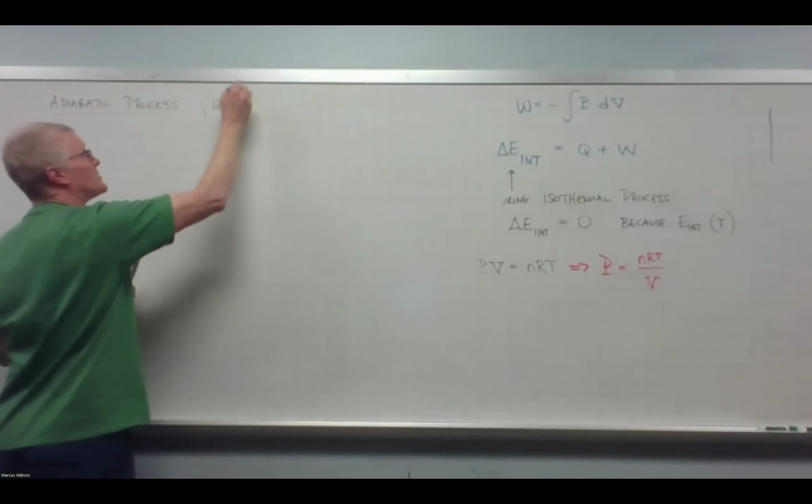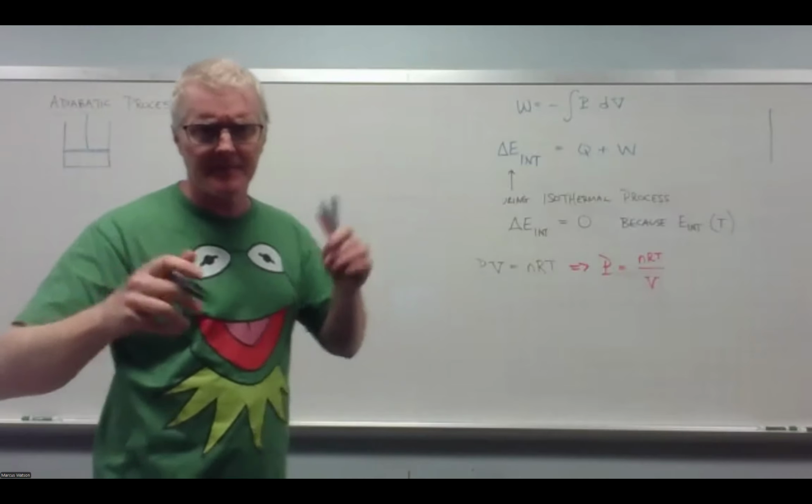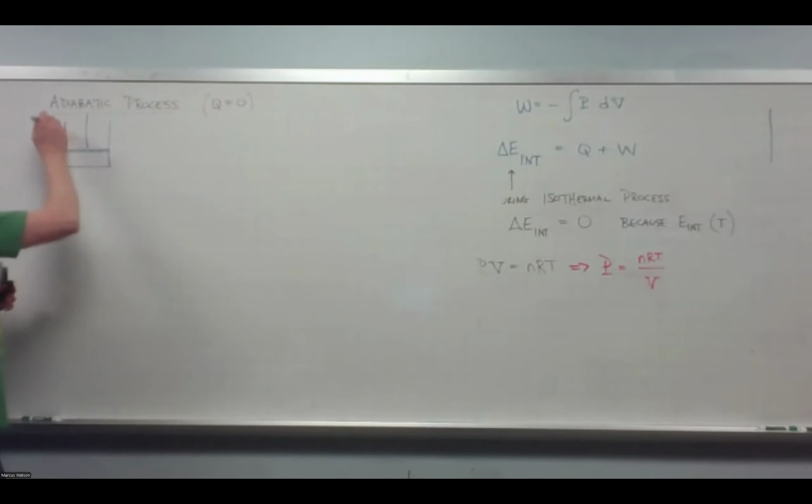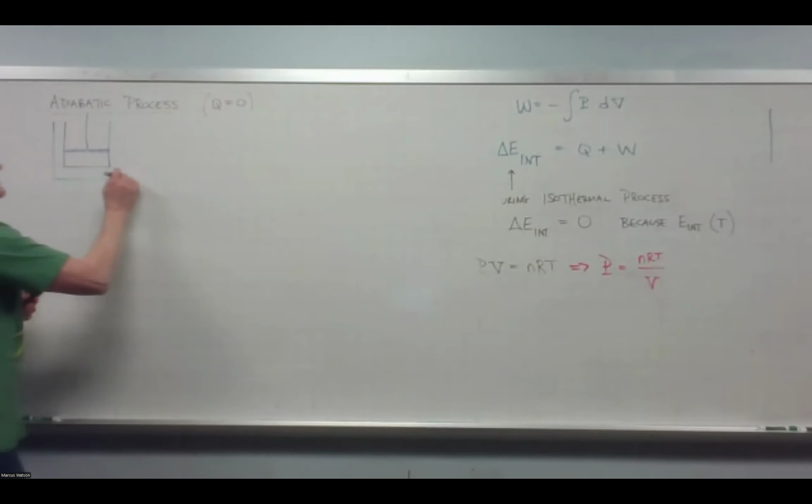I'm going to put really good fiberglass and all of this kind of great stuff. I'm going to make it into a thermos, essentially. Right? This is insulation, such that it's not allowing heat in or out.